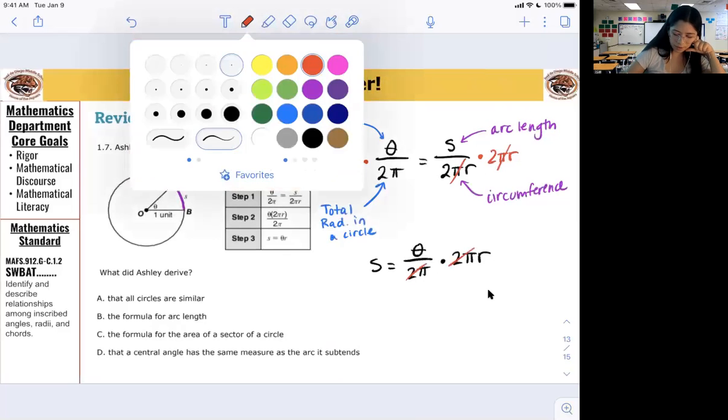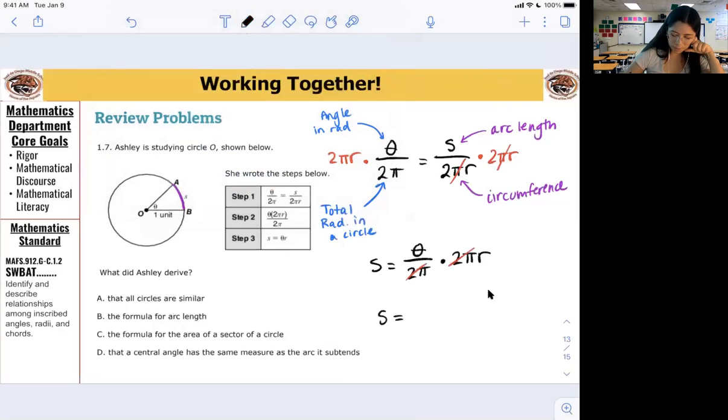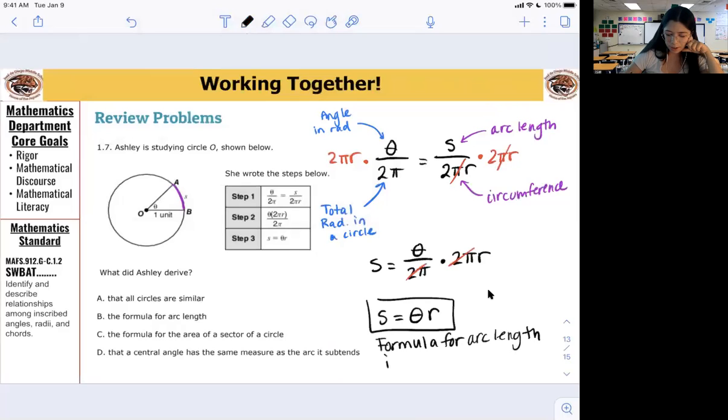The 2 pi cancels, so s equals theta r. This is the formula for arc length, but it's the formula for arc length if you're measuring in radians. So it's the formula for arc length, but in radians.